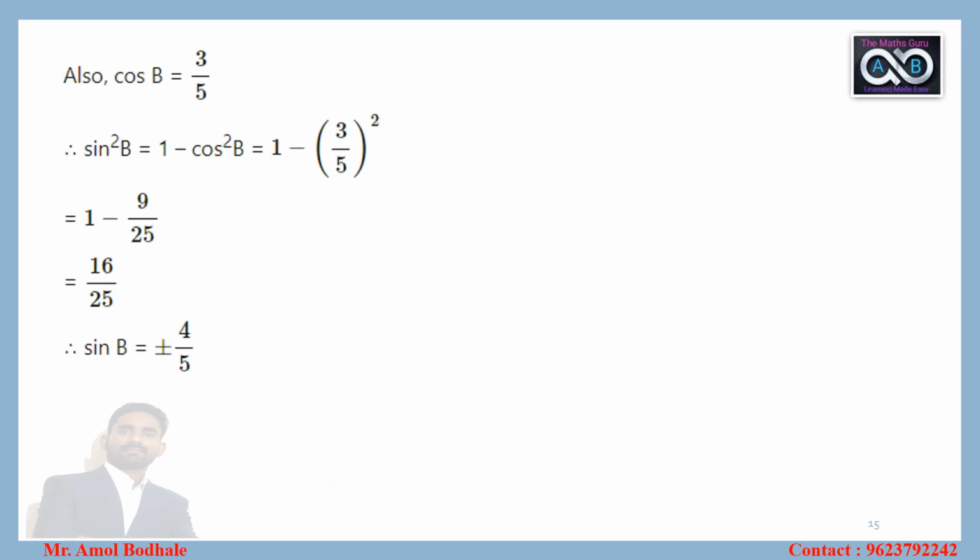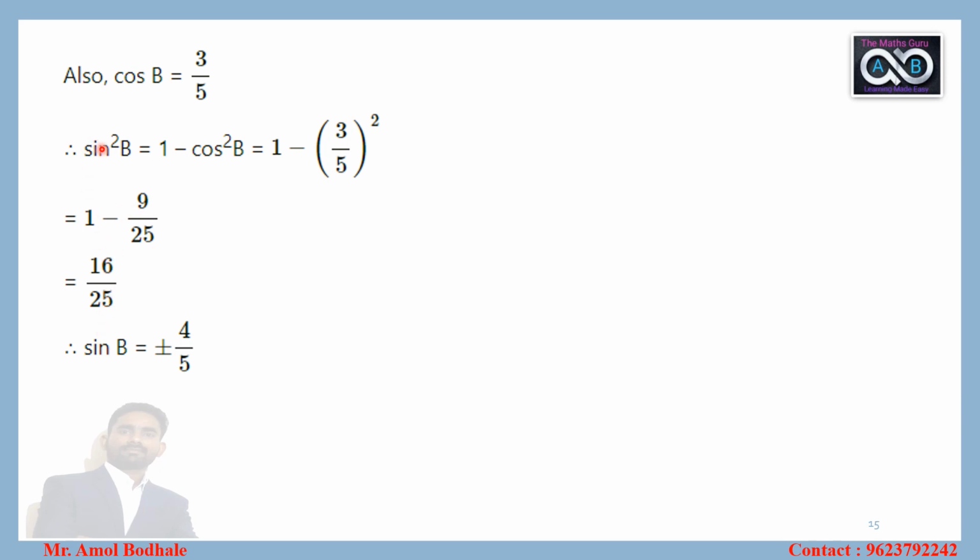Similarly, we have been given cos B. If we have cos B, then we can find sin B using the fundamental identity. What is the identity? Sin square B is equal to 1 minus cos square B. Let's put the value of cos B, which is 3 upon 5. So we get 1 minus 3 square, 9, upon 5 square, 25, which is 25 minus 9, that is 16 upon 25.